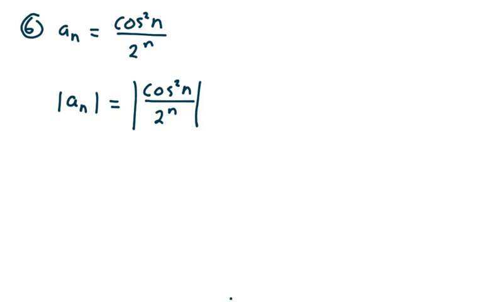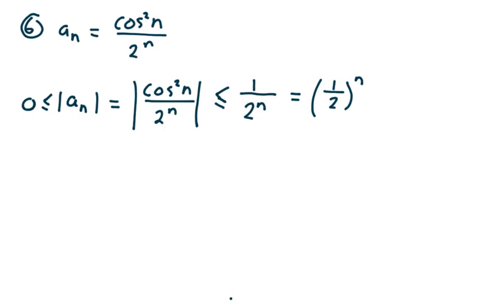Now, this is greater than or equal to 0, right off the get-go. And I claim this is less than or equal to 1 over 2 to the n, which can be written as 1/2 raised to the nth power.